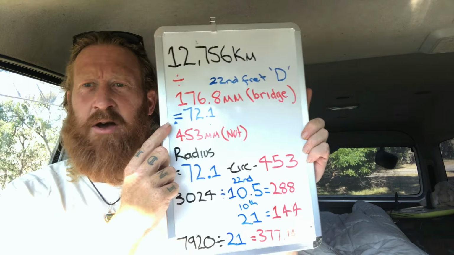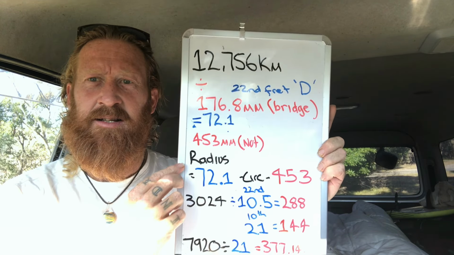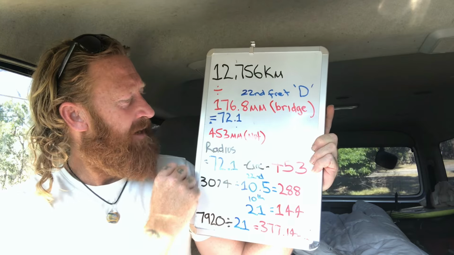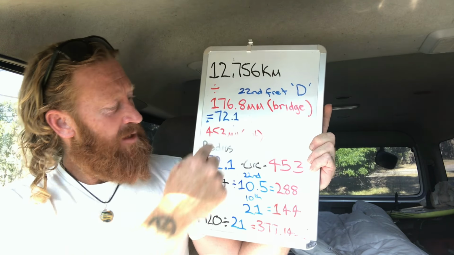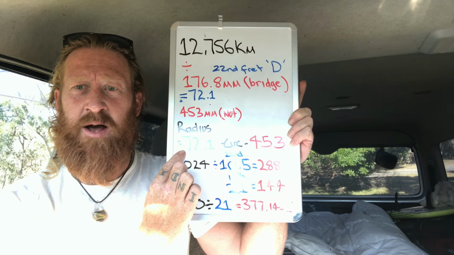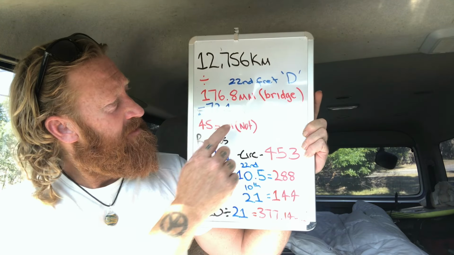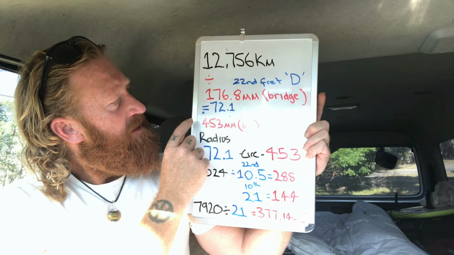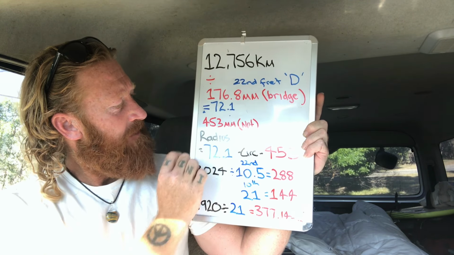So that's D. The note of D is 72 hertz, 144 hertz, 288 hertz. Then we take again from the 22nd fret, we take 453 millimeters, we draw a circle with a radius of 72.1, and we get 453. So this is the distance from the bridge to the 22nd fret, and this is the distance from the nut to the 22nd fret.